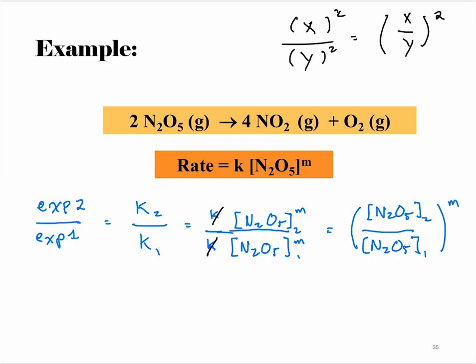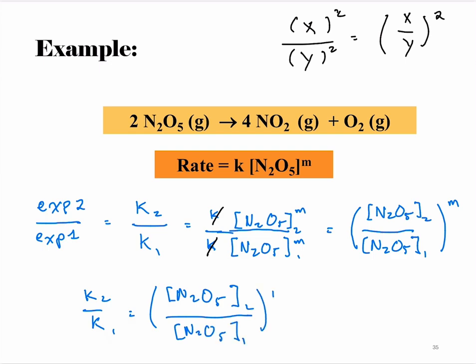And so if we have rate 2 over rate 1 is equal to N2O5 subscript 2 over N2O5 subscript 1 to the power of m, does anyone know how we can solve for m here?